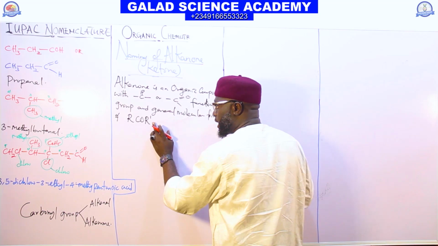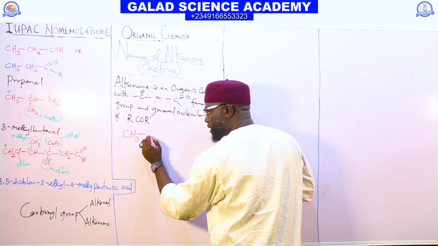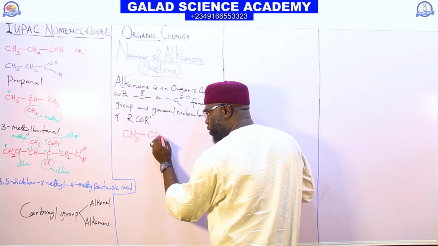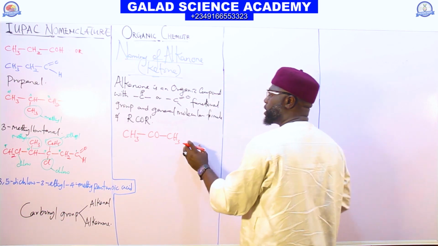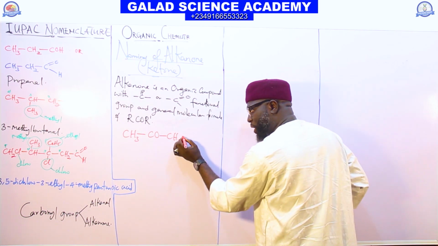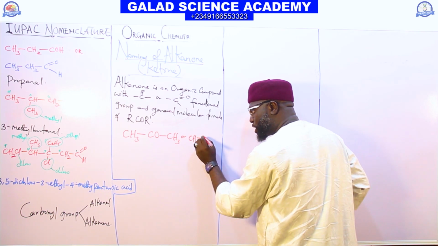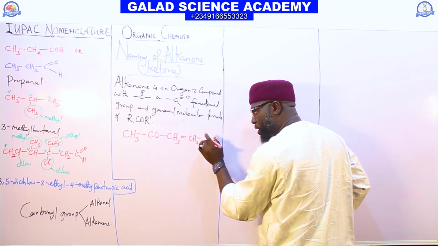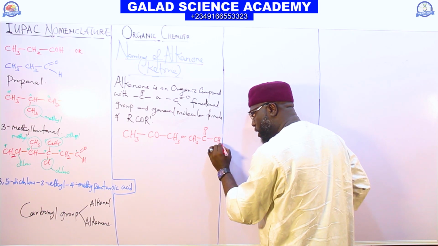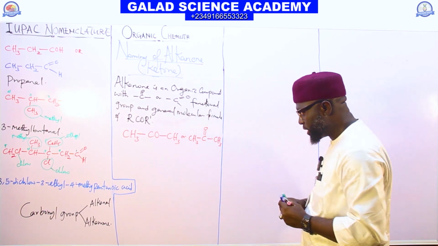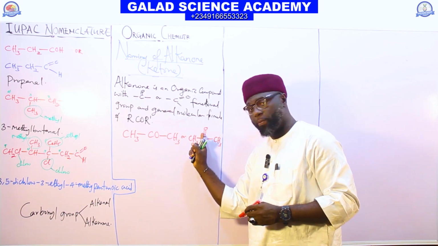It starts with 3 carbons. That is, we have a compound of C3, C=O, C3. You are asked to name it. This compound, you can also draw it in this form, CH3, with the O here, or you can put the O up here.